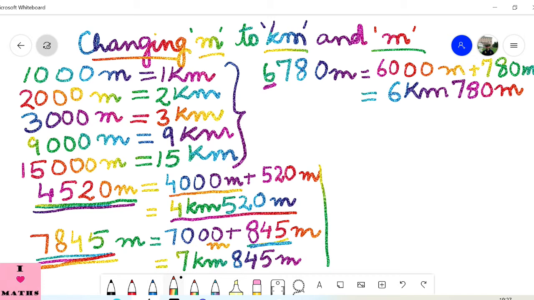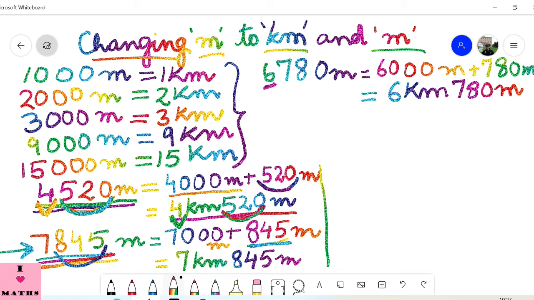So now I am going to teach you the trick. Now see children, the last 3 digits are forming a number which is 520. So this is the meter portion here, and whatever is remaining after that, that remaining is 4. So that is the kilometer. See, 4 kilometers 520 meters. Look at this one.